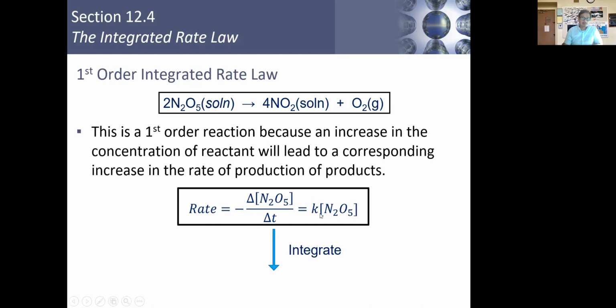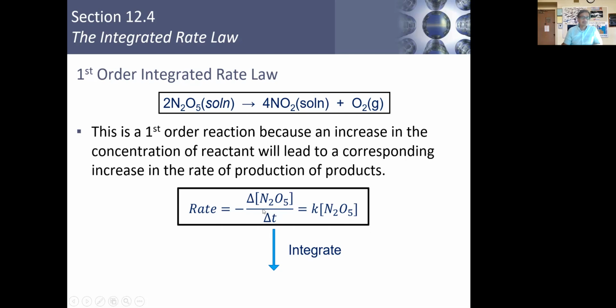And again, this is not quite set up the way that a differential rate law will be. You would typically see the delta here be replaced by the little d, but we would see the differentials here instead.